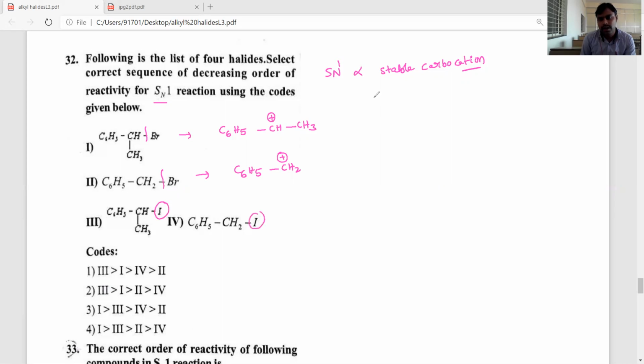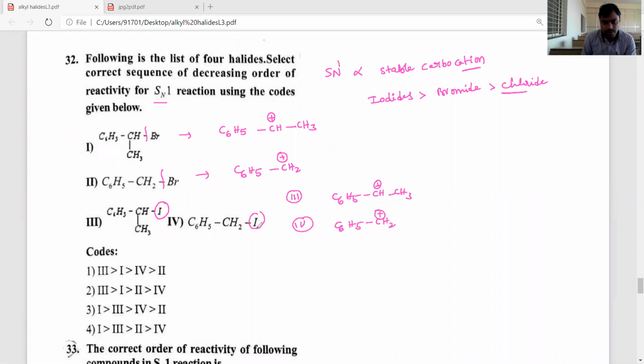One more thing: iodides are more reactive, then bromides, then chlorides, and fluorides are very less reactive. Only iodides, bromides and chlorides we need to compare. So here also the carbocation is the same. For the third one, the carbocation is C6H5 CH plus CH3. The fourth one's carbocation is also the same, C6H5 CH2 plus.